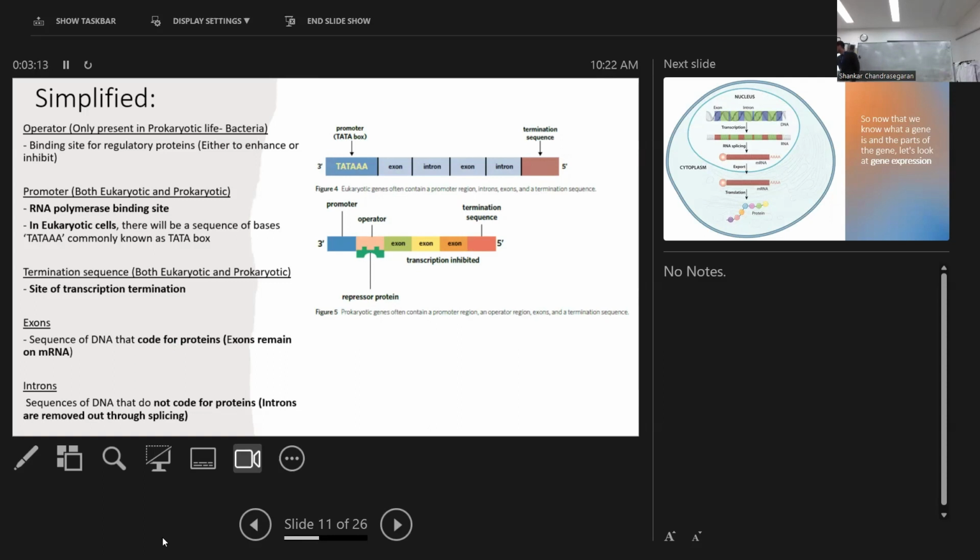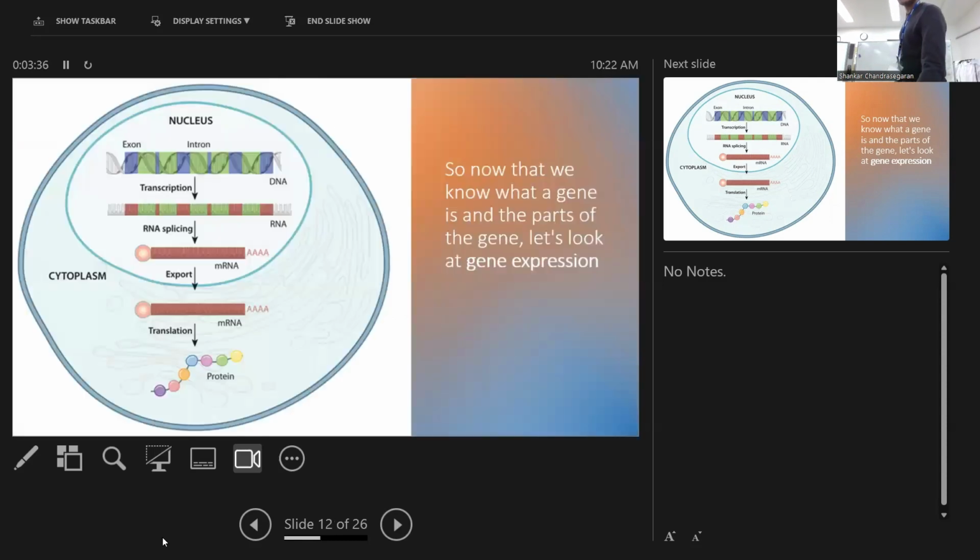With introns, these are the sequences that don't code for a protein, which you can find in the gene as well. They are only found in eukaryotic cells, not in prokaryotes. Prokaryotes are only having the exons when they are doing transcription. But with eukaryotic life, they also have introns within them that need to be filtered out during RNA splicing.